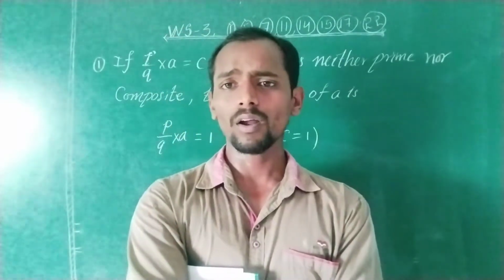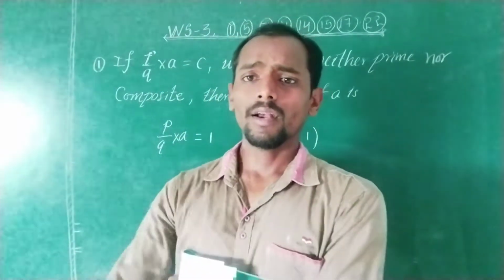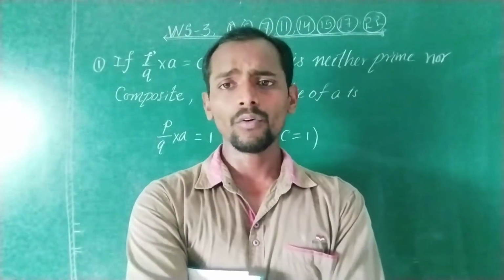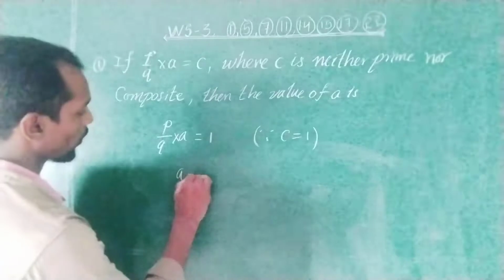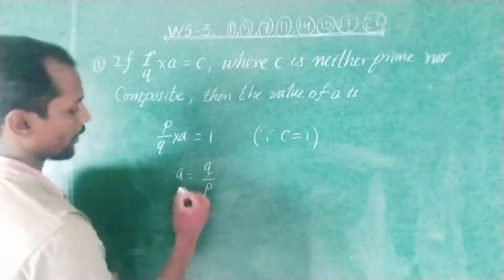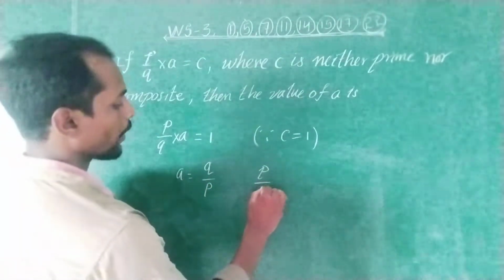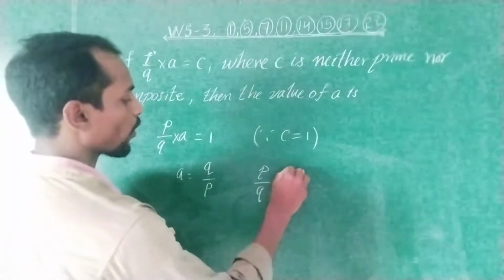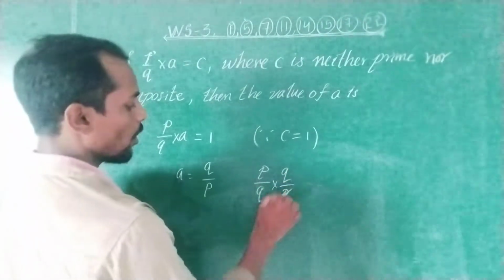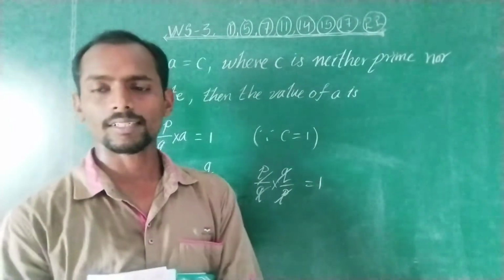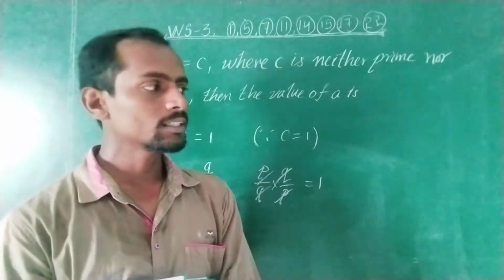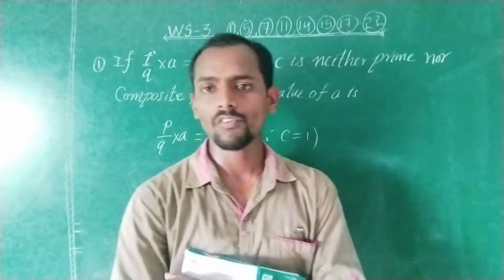What is the reciprocal of the rational number P by Q? It is Q by P. So here A equals Q by P. If you multiply P by Q with its reciprocal or multiplicative inverse, both cancel and you get 1 as the answer. This is the application of properties of rational numbers.